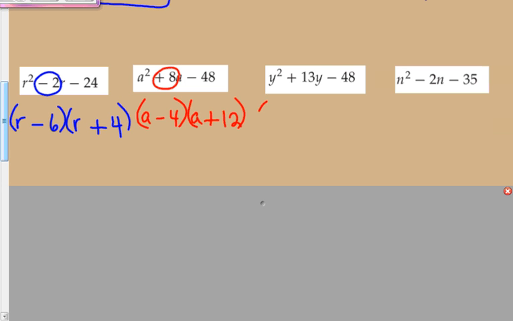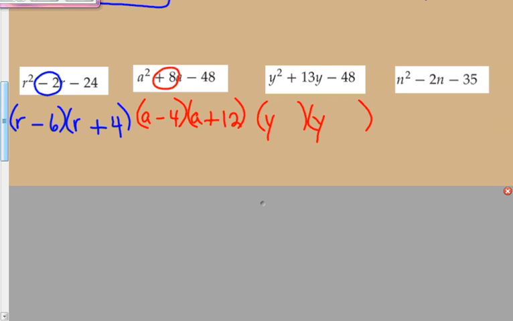Let's try again. I have a y in each one. This time a 48. Our two factors will have to subtract to be 13. And we know it's not 4 and 12 because they subtract to get 8. So let's go bigger.